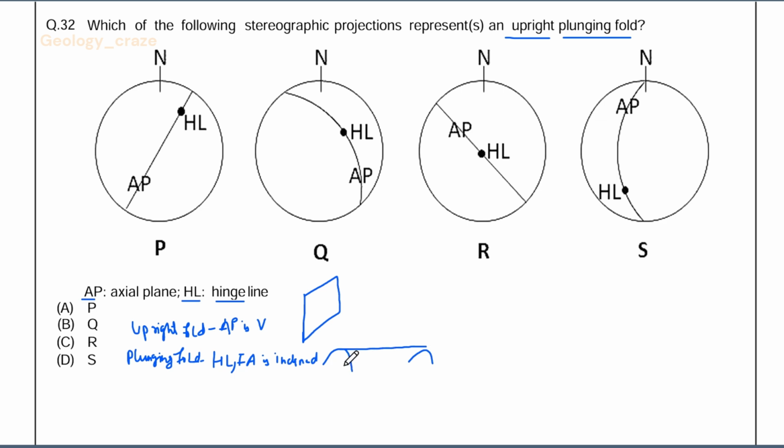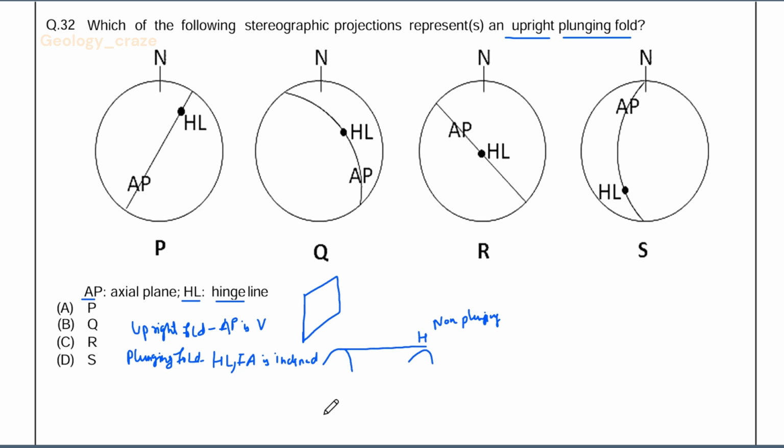If we join the points of maximum curvature we get a hinge line. In this case the hinge line is horizontal, so this is our non-plunging case.